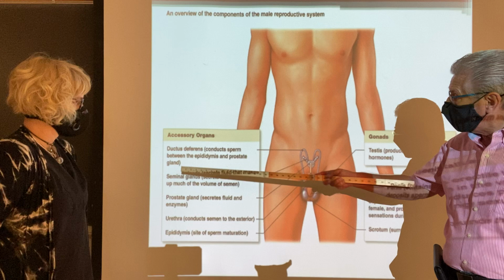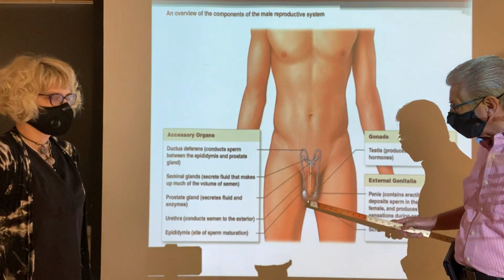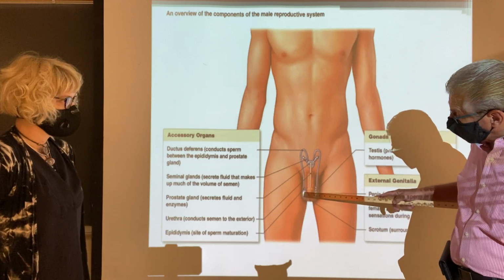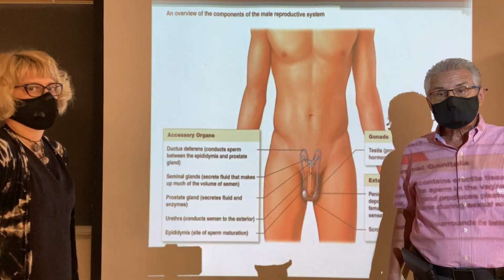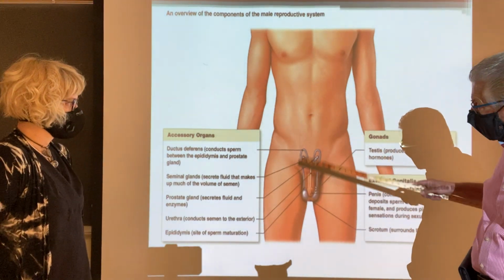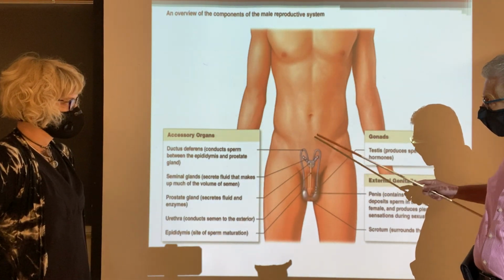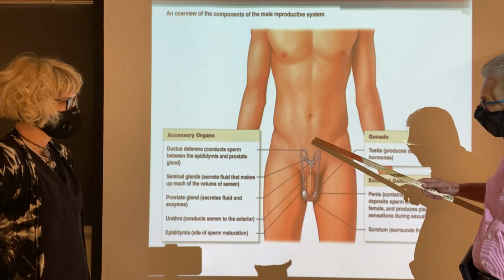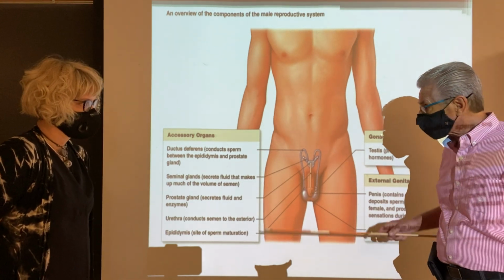Number one, we have the Ductus Deferens. Now the Ductus Deferens originate from our seminiferous tubules to our epididymis, and then they travel up and around to the posterior aspect of the prostate gland.